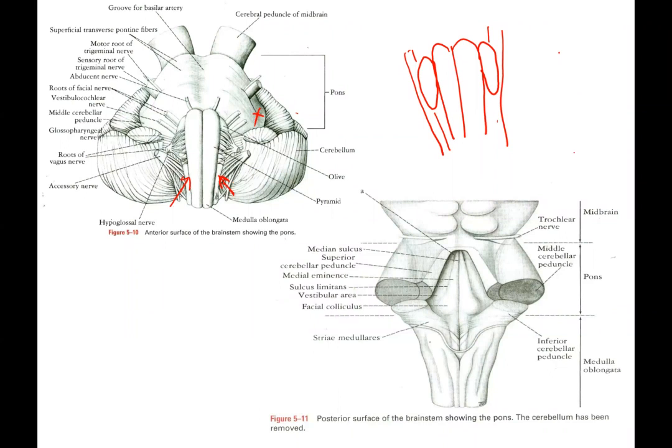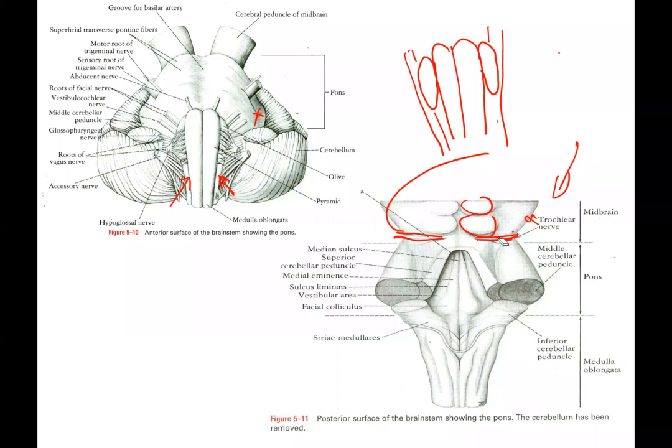Now here in this posterior or dorsal view, you can identify the midbrain area, the superior and inferior colliculi, and this is the trochlear nerve, the fourth cranial nerve, coming out from the dorsal aspect. I told you it comes out from the dorsal aspect, winds around and crosses again like this, a very peculiar nerve. So forget about it for the moment.